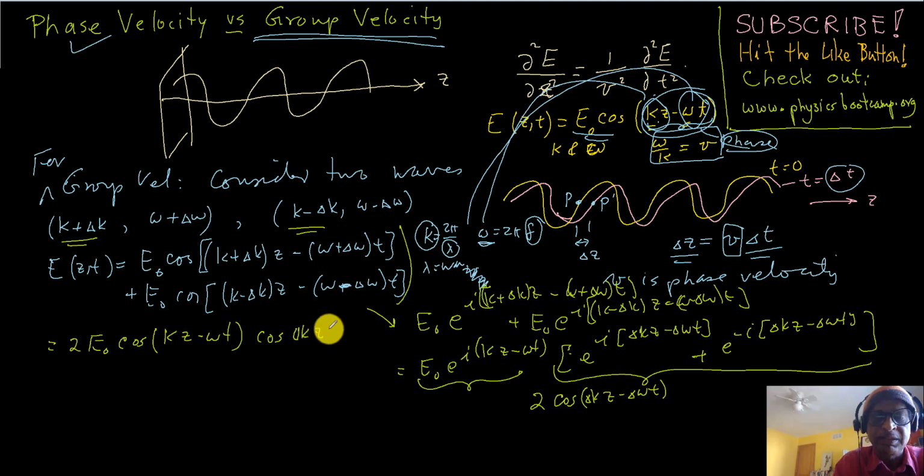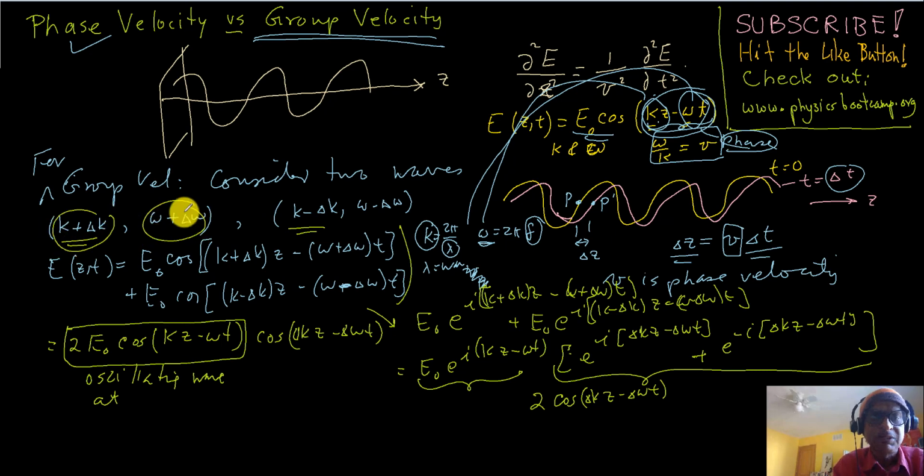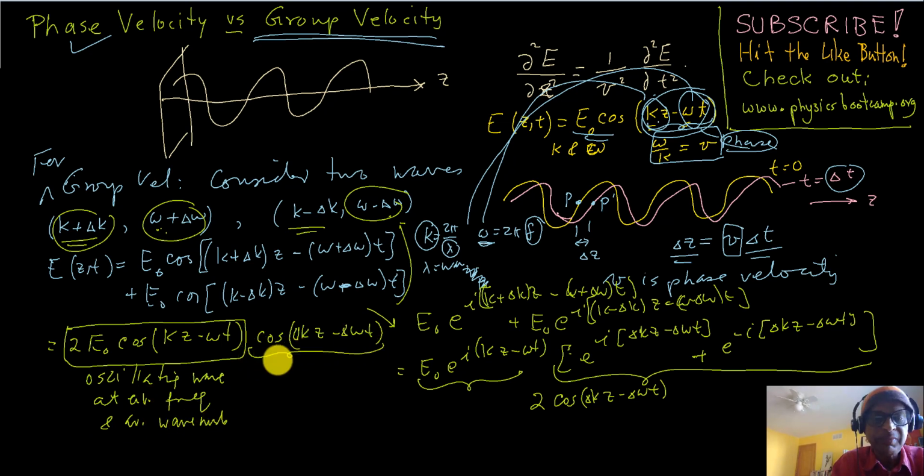So this is the oscillating wave at the average frequency and average wave number, and this part modulates it at different positions and different times.